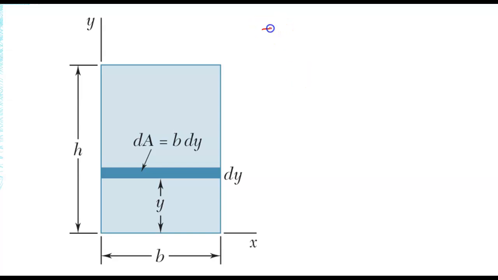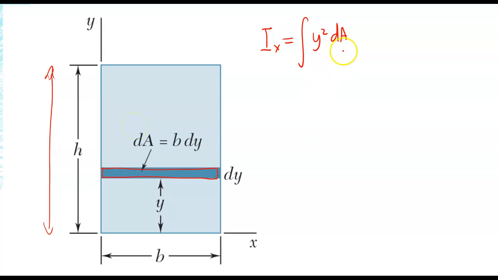Okay, so we're going to say Ix is equal to the integral of y squared dA, and rather than take a little square element and have to integrate in two directions, we take this full strip, and then we only have to integrate in one direction. So we can draw a diagram here for dA: we've got a rectangle with width b and height h.